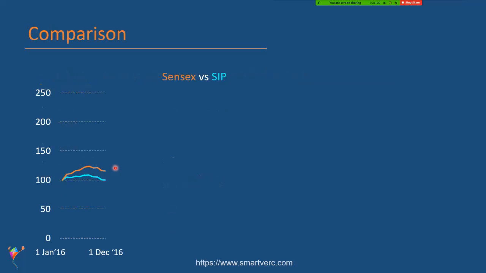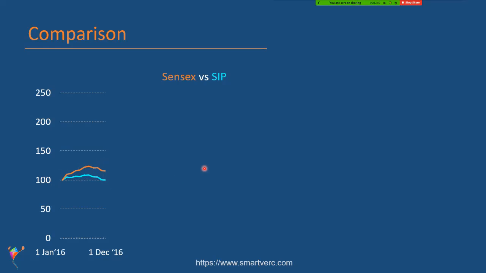But in SIP, you are making investment every month. So in this chart, there are 11 investments, and you will appreciate that most of the investment took place in the later half, the last 5-6 months, and those 5-6 months are way higher than the start. That is the reason why the returns are not what you are expecting. It is almost zero return.